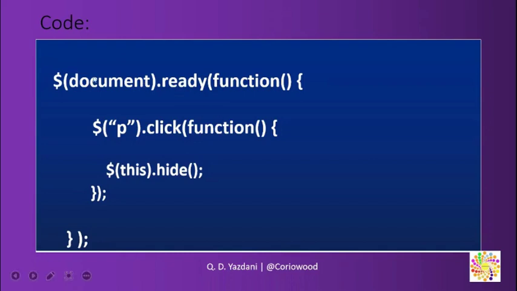When we have the document selected, then we can call this ready. Keep in mind, ready is a method, passing a function to be executed when the document is ready to be manipulated. This means that inside the function passed to ready, you can safely access all the elements of your page. This is the formal syntax of the jQuery function.